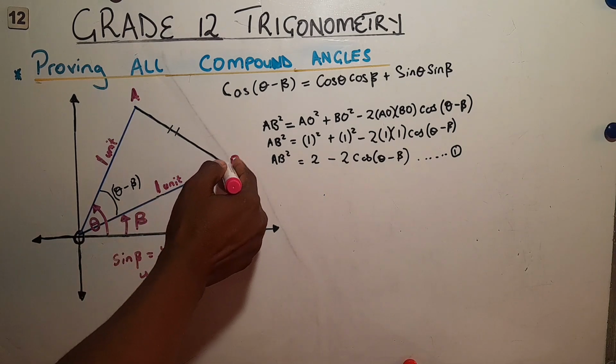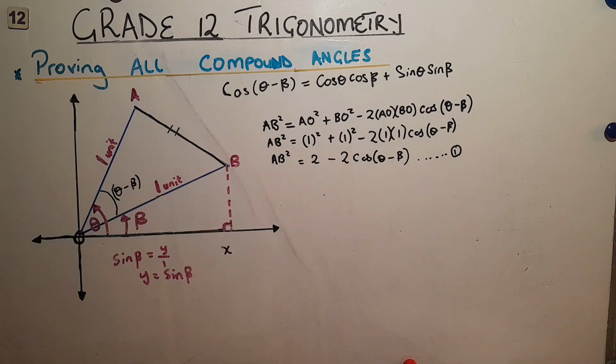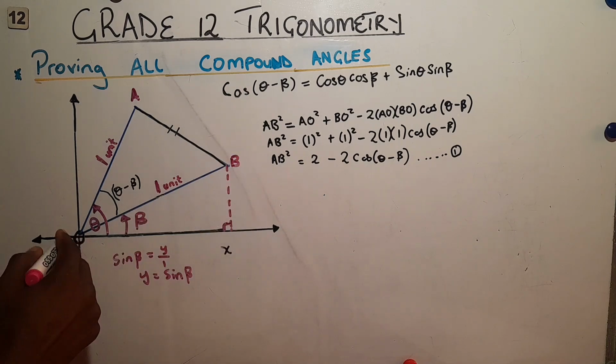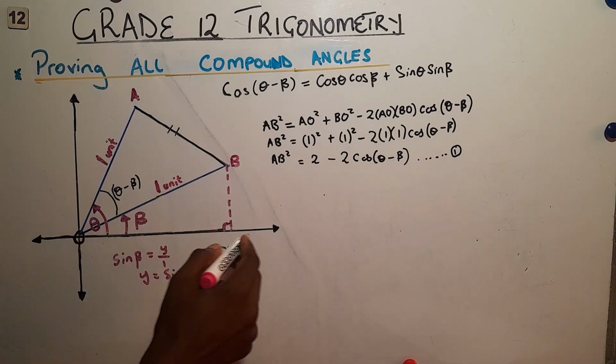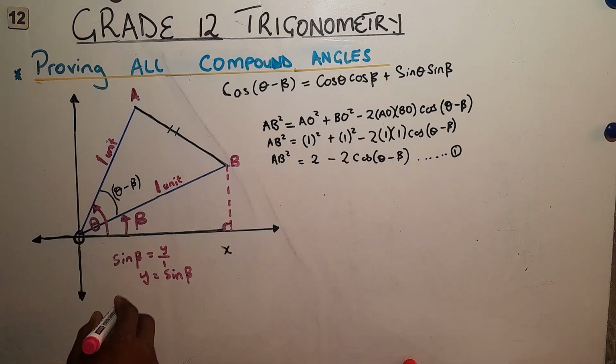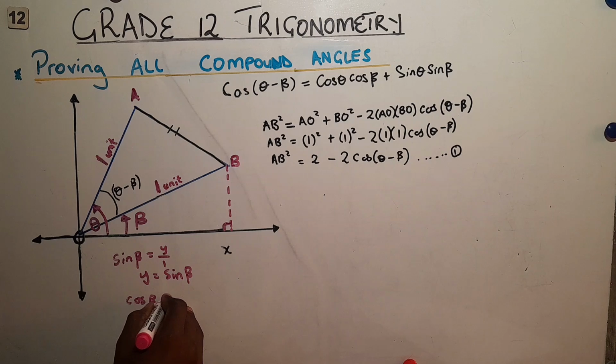So the y of this point is sine beta. And to find this x line while we have this hypotenuse, we can say cos of beta is the same as x over 1.